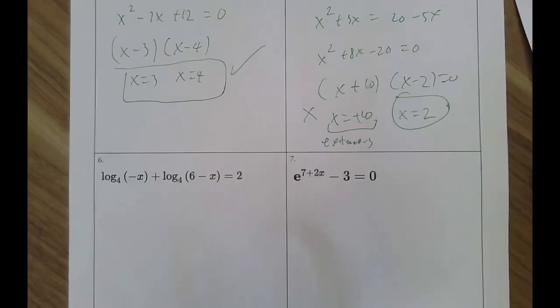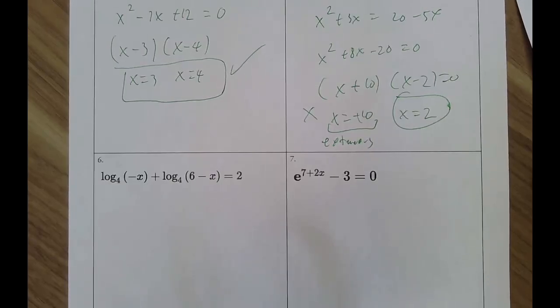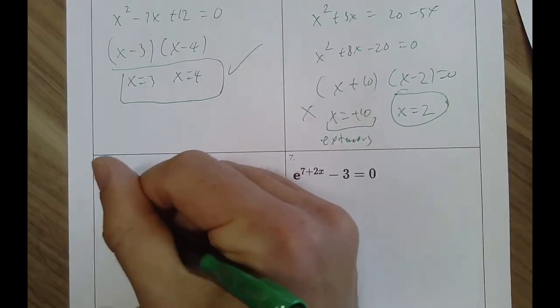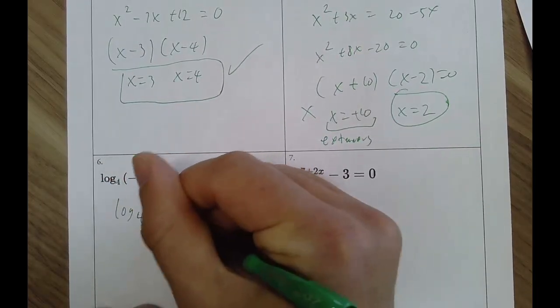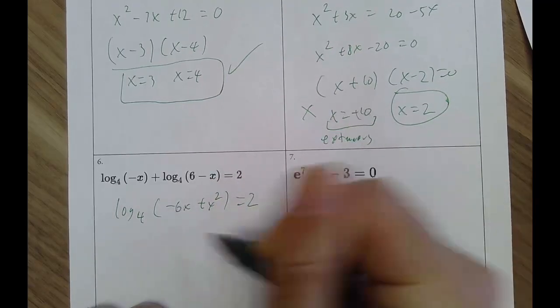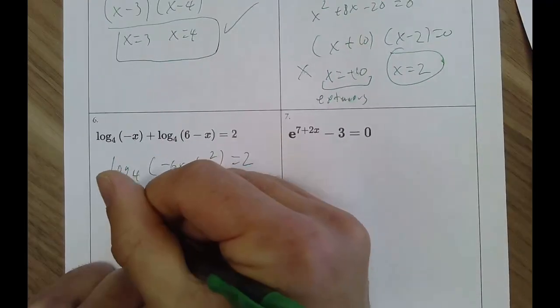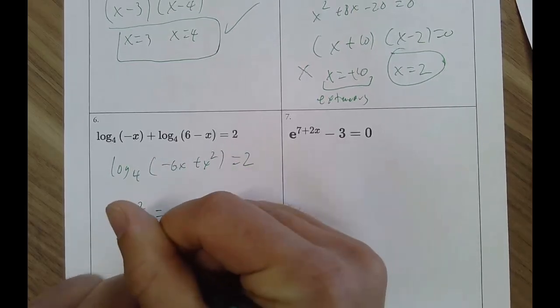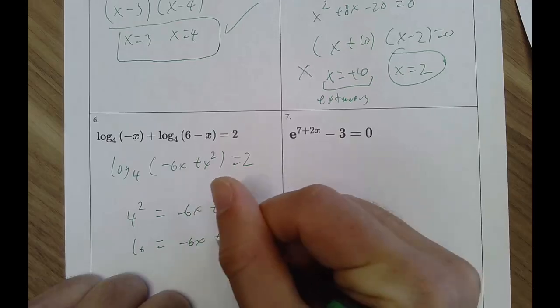All right, 2 more. Log base 4 of negative x plus log base 4 of 6 minus x equals 2. We're going to combine these. So we get log base 4 of negative 6x plus x squared equals 2. We're going to rewrite this as an exponential. So 4 squared equals negative 6x plus x squared. That's 16 equals negative 6x plus x squared.